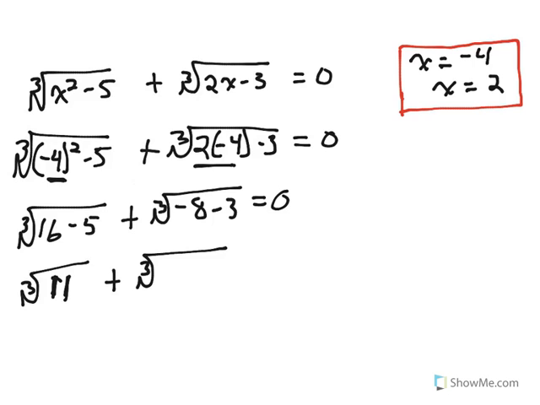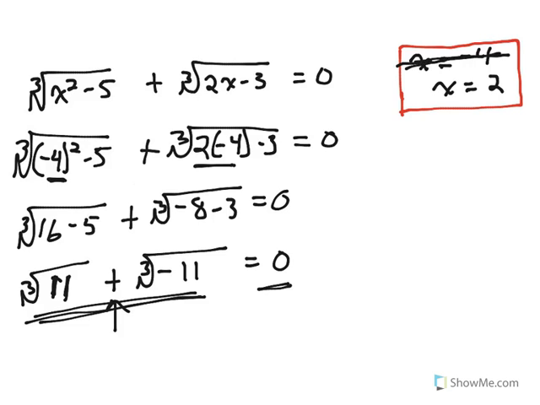Negative 8 minus 3 is negative 11. And we can see that these will not cancel out because we are adding them, and they are not like radicals anyway. But they will not equal 0. So negative 4 does not work. We throw that one out.